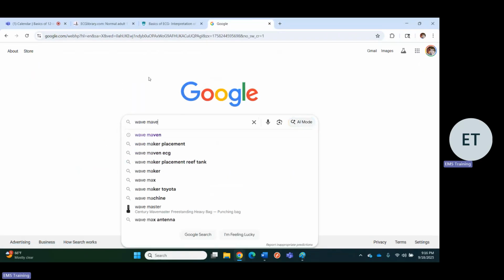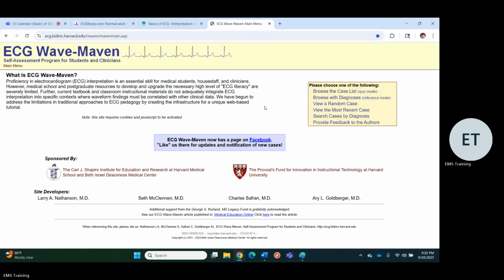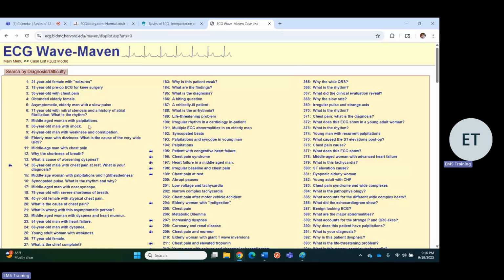So let's go to WaveMaven, and let's add it all up together. And I promise you, I'm doing this with moral integrity in mind.